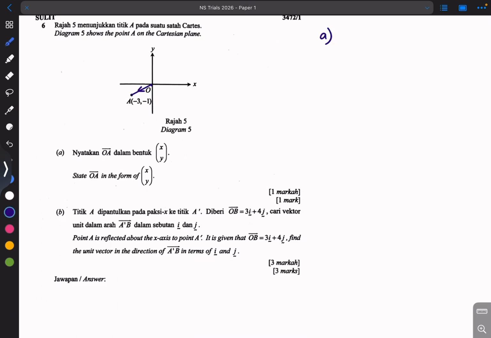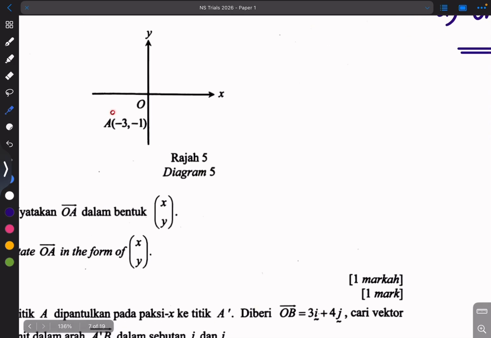So in this case, OA is just x, y. So -3, -1. That's it. This is probably the easiest question in this paper. Right, done. Next, B. Point A is reflected about the x-axis to point A prime. So point A, we reflect it about this axis.